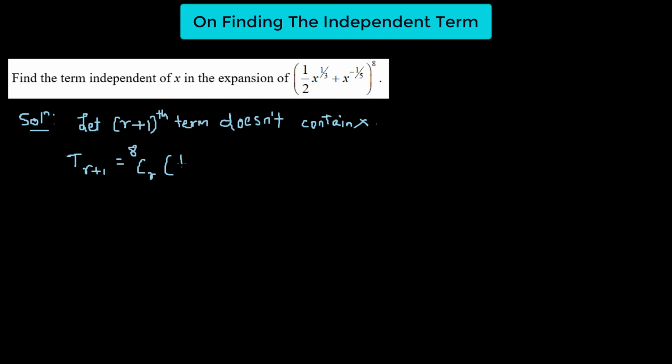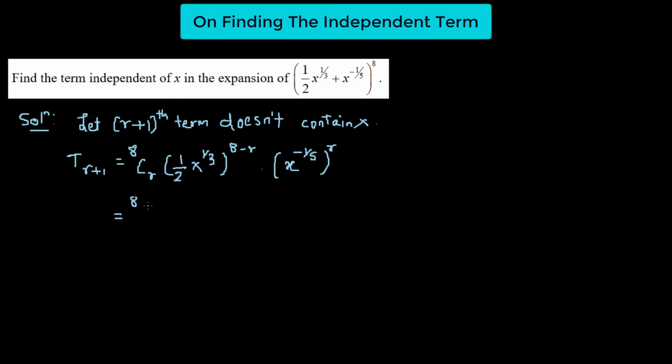first term, which is (half x) raised to the power of 1/3, raised to the power of 8 minus r, times the second term, which is x raised to the power of negative 1/5, raised to the power of r.